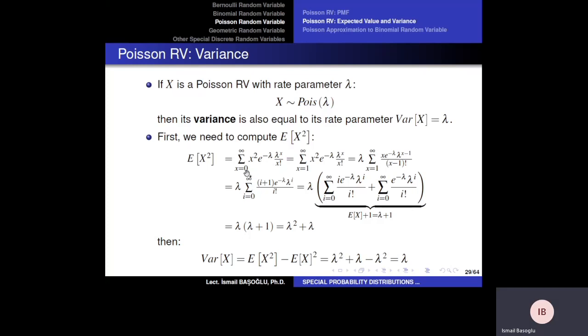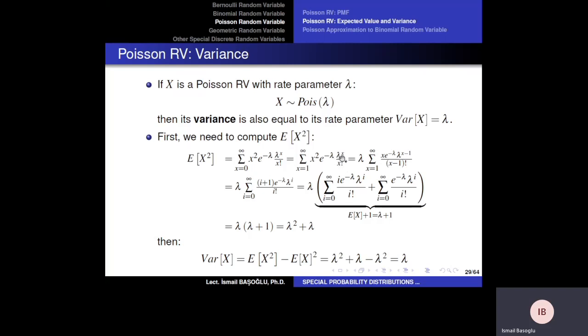And now let's do our first trick. If x is equal to 0, then the term that's added in the summation is not going to be effective. So let's start this summation from 1. Okay, x squared times e to the power minus lambda, lambda to the power x over x factorial.